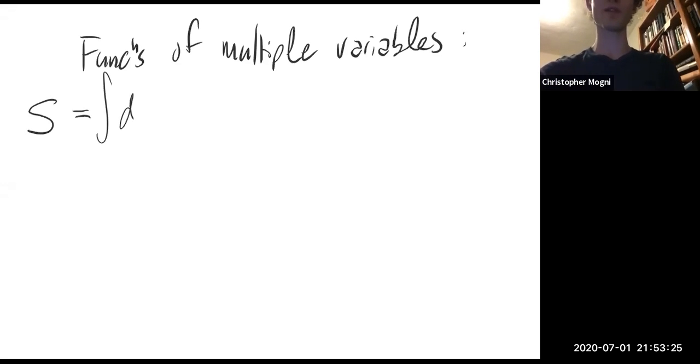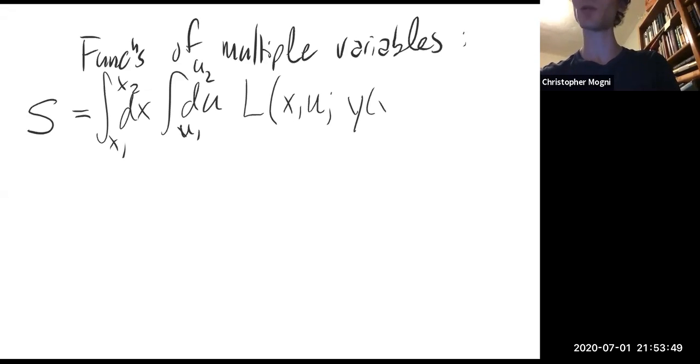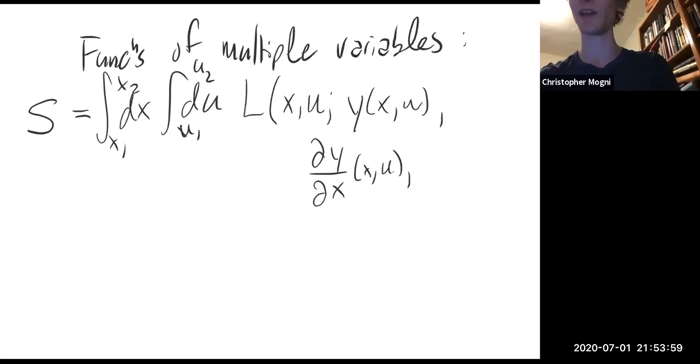What happens if I give you the following? So I'm going to have two arguments of a function instead of one, where we now have an integrand that depends on these variables x, u, and then just for simplicity, we're going to have one function y, which now has two arguments, x and u, and this can depend on dy dx, which is again a function of x and u, and dy du, again a function of x and u.